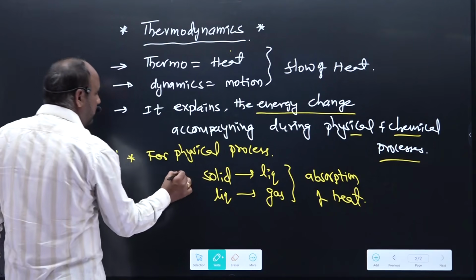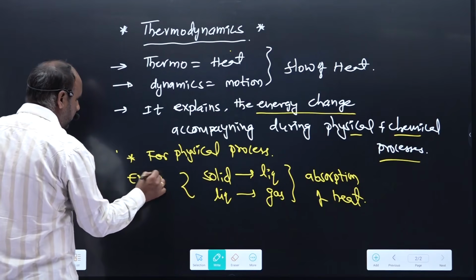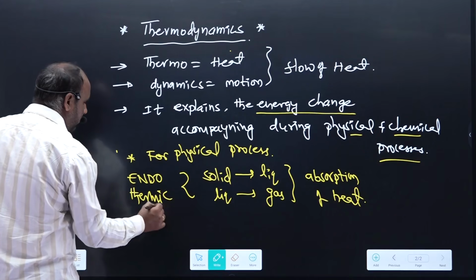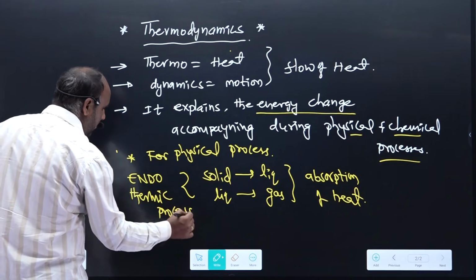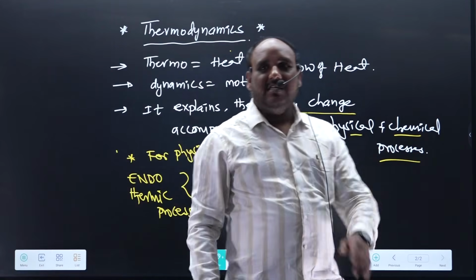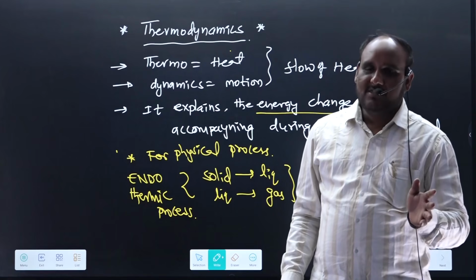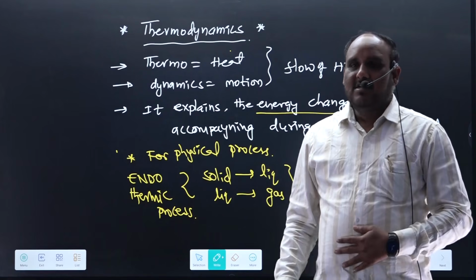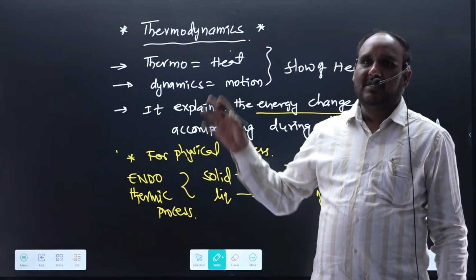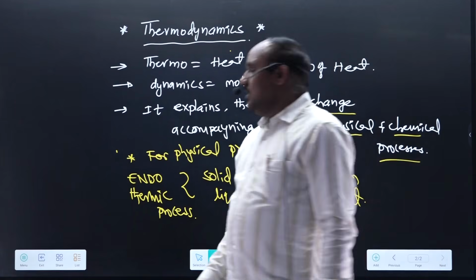Whenever heat is absorbed, what is this process? Endothermic process. How the energy changes occur from one substance to another substance, the properties of those reactions can be explained with the help of thermodynamics.